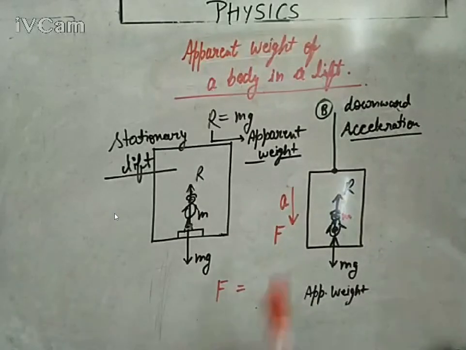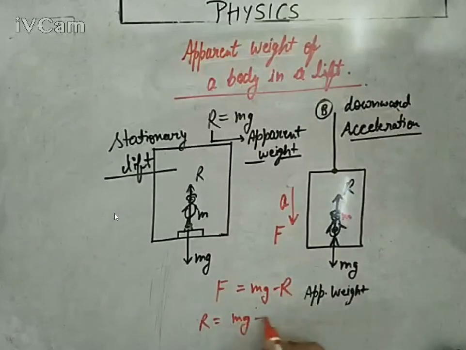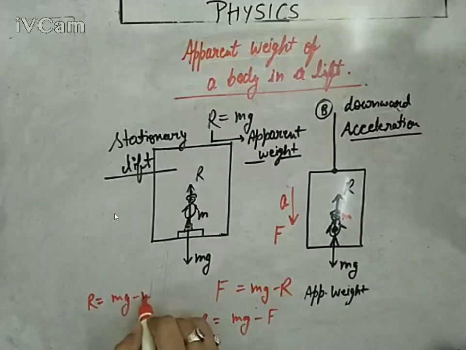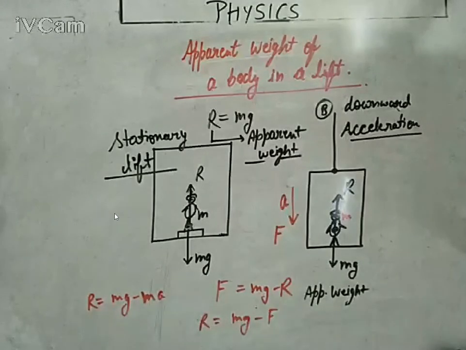So according to us, the resultant force is F, but according to the given free body diagram, it would be mg minus R, or we can say R equals mg minus F, and F is m into a. So R equals mg minus m into a, mass into acceleration, or you can say R equals m(g minus a).